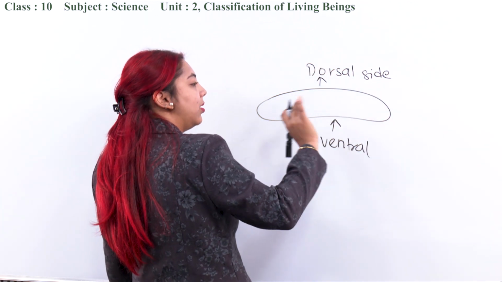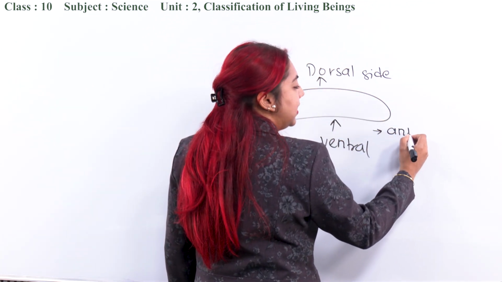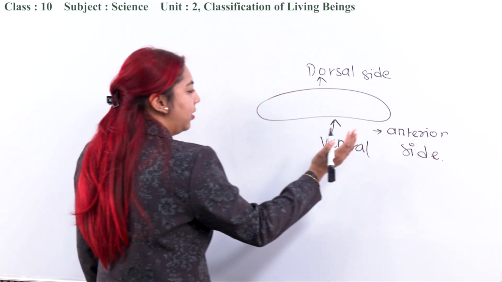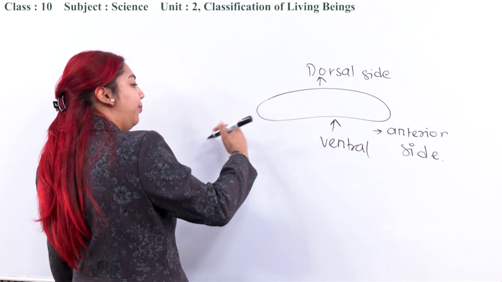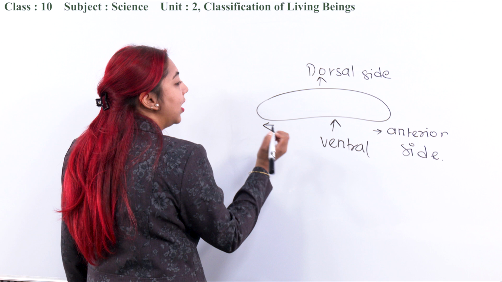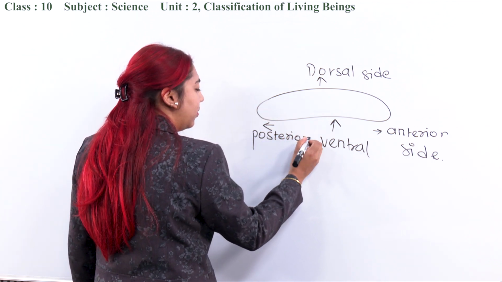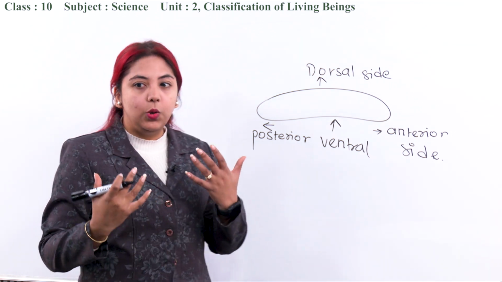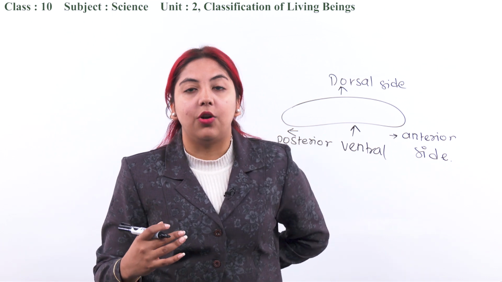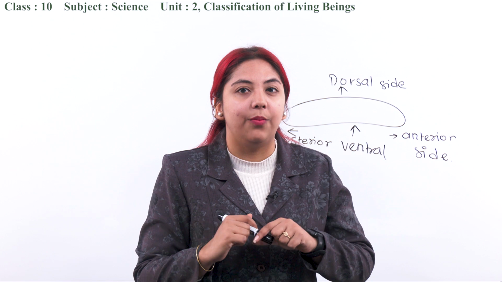The side in which the head is present, the front side, is known as the anterior side, and the place where the tail is present, the back end of the organism, is the posterior side. When we look at ourselves as human beings, this is our ventral side and this is our dorsal side. You might be confused as to how we can distinguish the anterior and the posterior side.